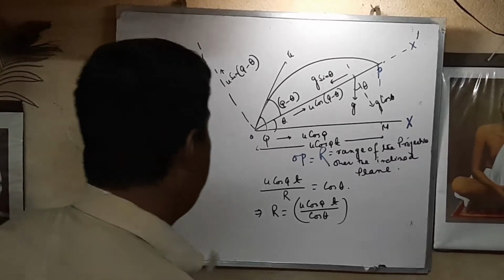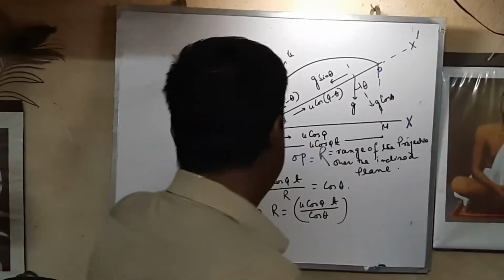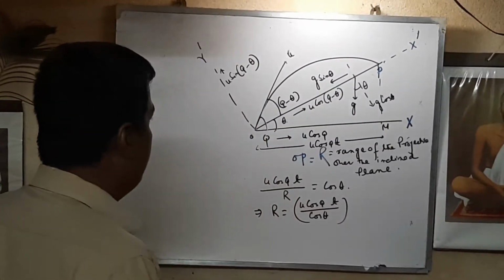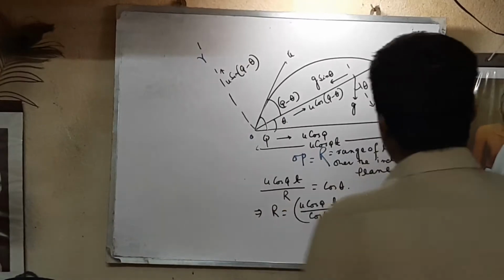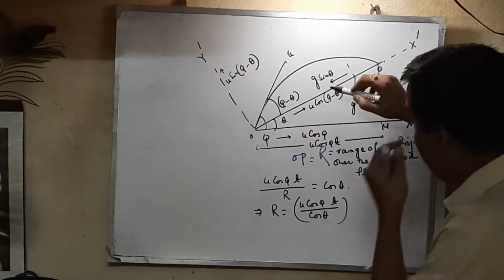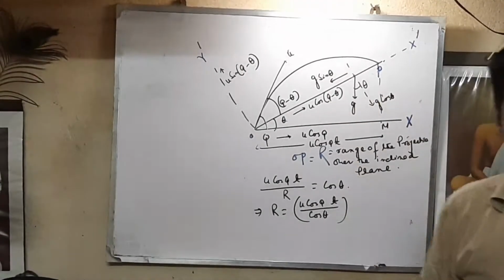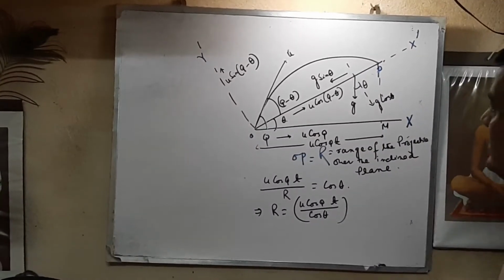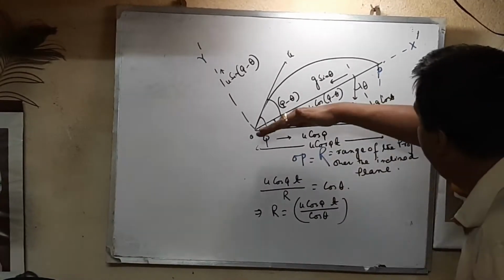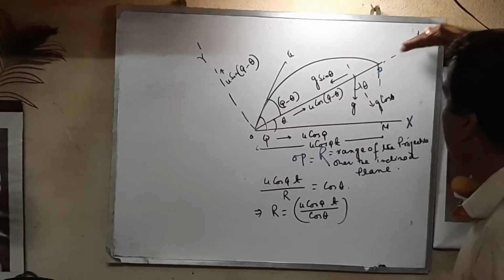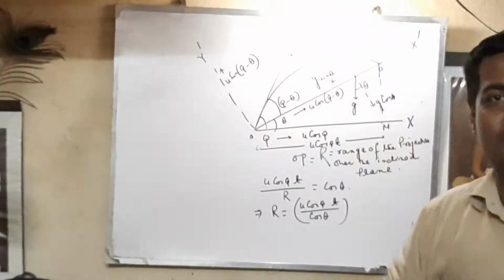Now I have to find out the value of time after which it strikes the inclined plane. You all again see that at the point P, the vertical displacement of the projected body with respect to the x dash axis is 0.